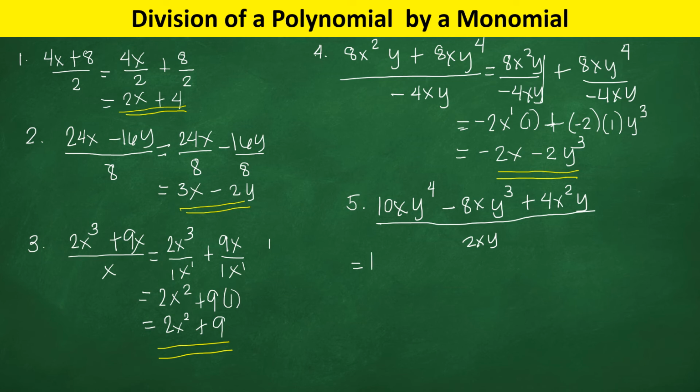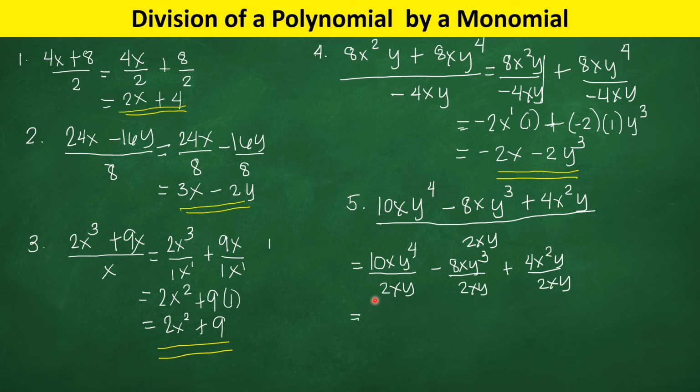Okay, so we have copy the numerator 10xy to the fourth power divided by 2xy minus 8x y cubed divided by 2xy plus 4x squared y over sa 2xy. Again, unahin nating i-divide ang kanilang numerical coefficients.